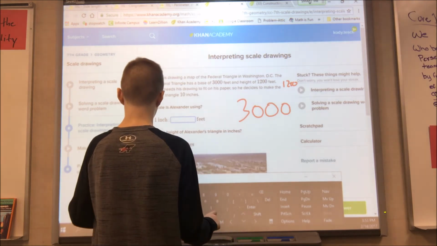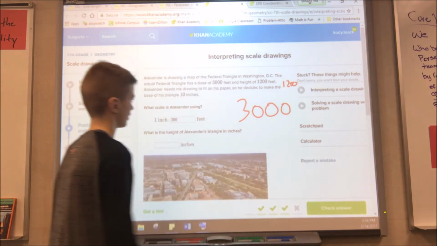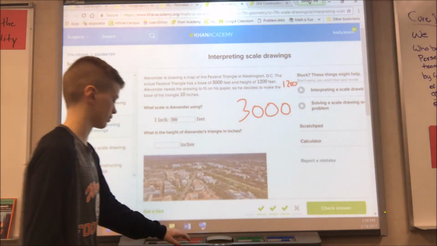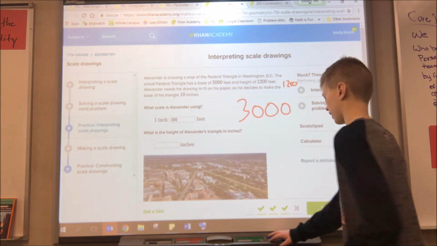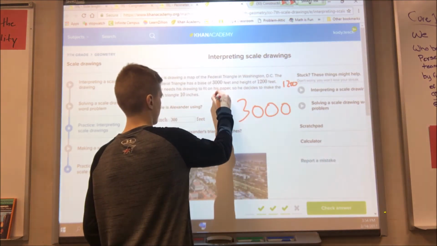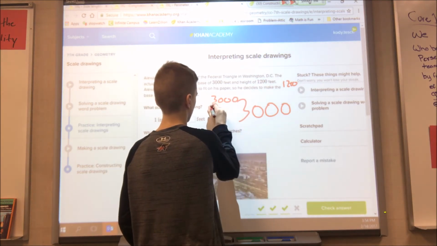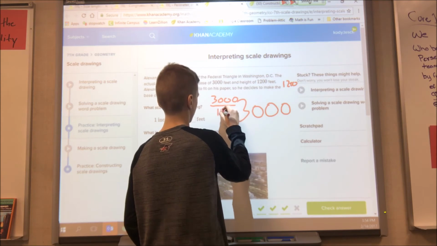So that's the ratio of the model to real feet. So the model is like this, 3,000 over 10.